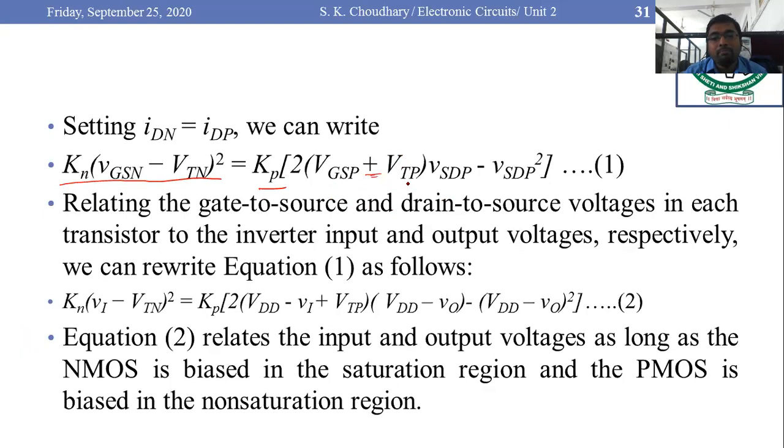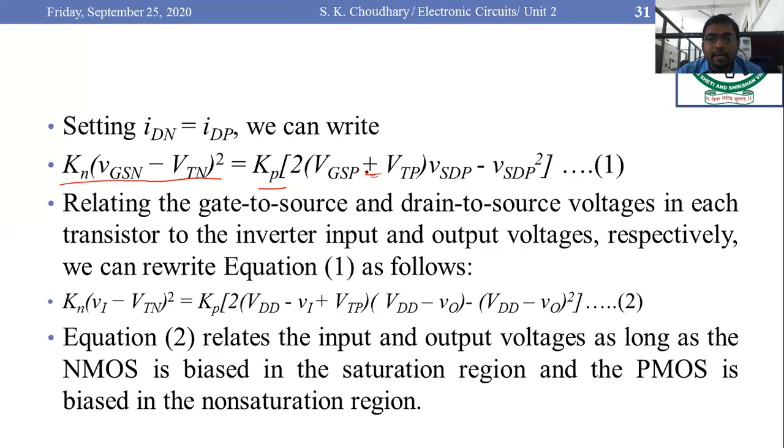This is the current equation in the non-saturation region. If it is an NMOS in non-saturation, we use the N, and the plus sign would be converted into a negative sign. This is the only difference.